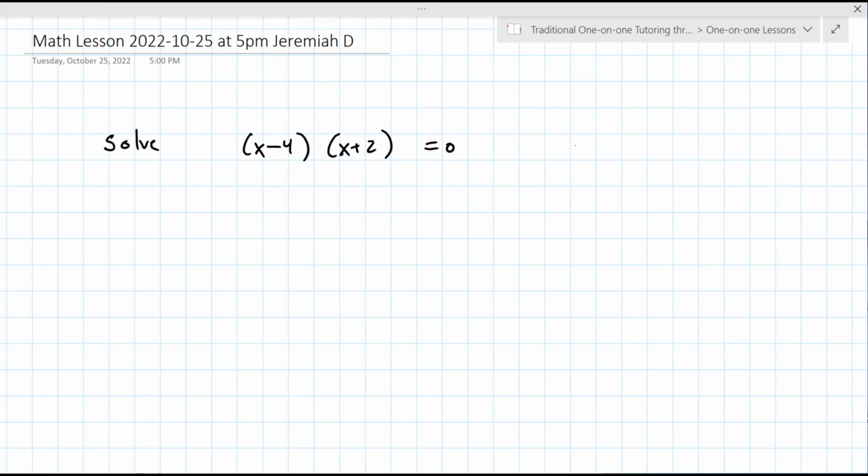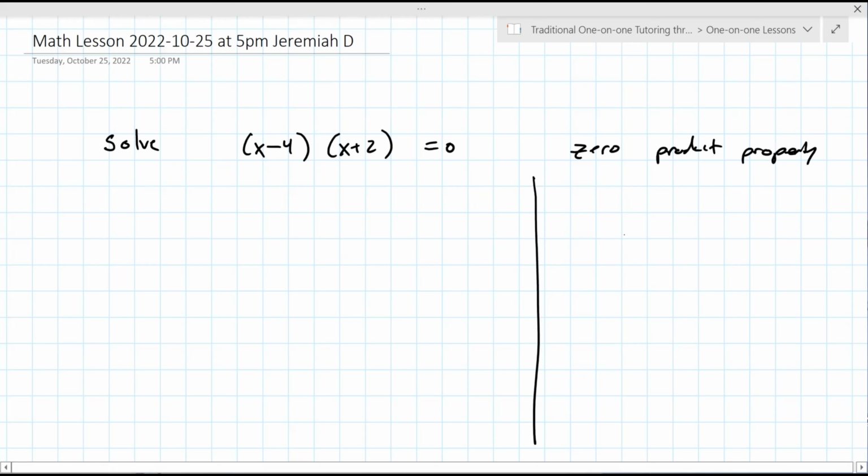Okay, now there's this thing called the zero product property, which you will never need to refer to, but it is what matters here. So just to explain what this is, what is 0 times 7? Or what is 0 times any number? 0.